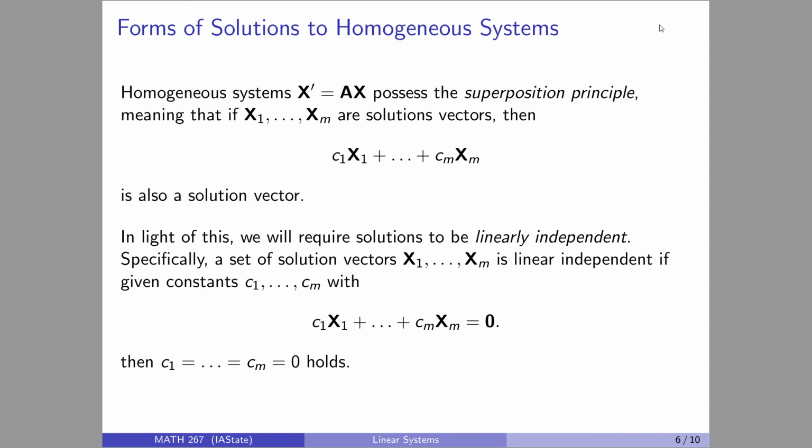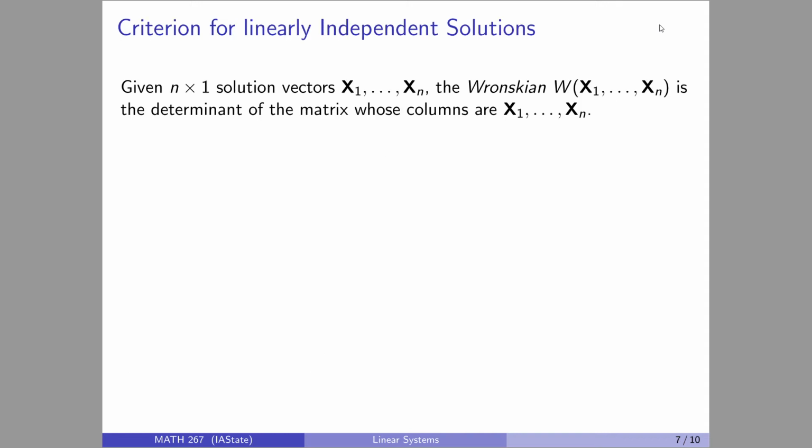Before, we talked about the Wronskian, when we talked about second order differential equations, to check for linear independence. We've got the same thing, but now we've got the matrix language to help us out. If we have n by 1 solution vectors, the Wronskian is the determinant of the matrix whose columns are those vectors. There are n by 1, and I have n of them, so it's an n by n matrix. It's a square matrix, which means I can take its determinant.